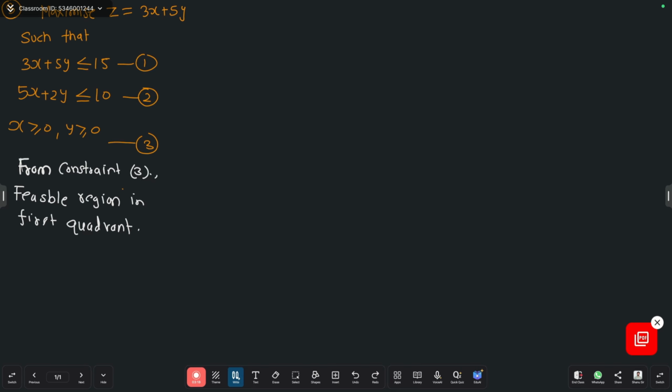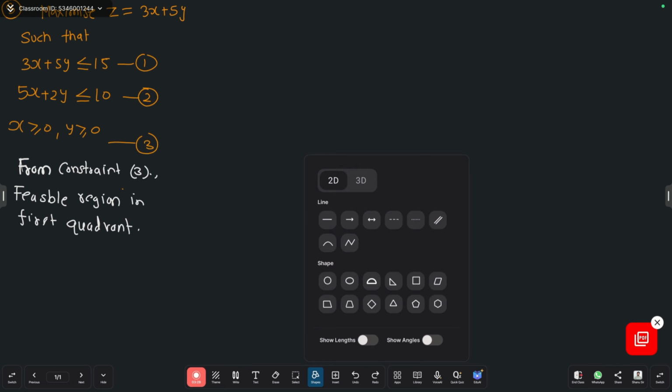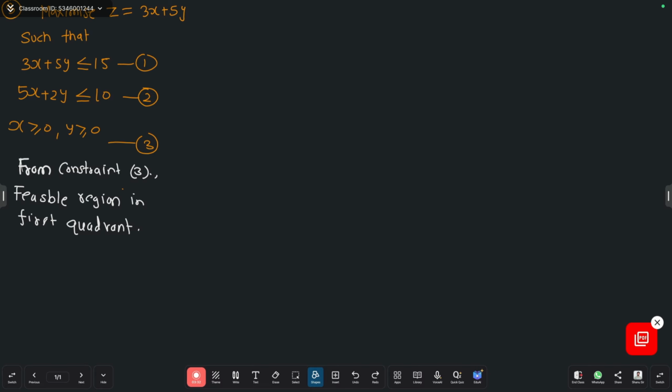Then we will draw constraint number 1 on the graph. Plot the xy plane here. This is the y axis, because the feasible region is in the first quadrant.